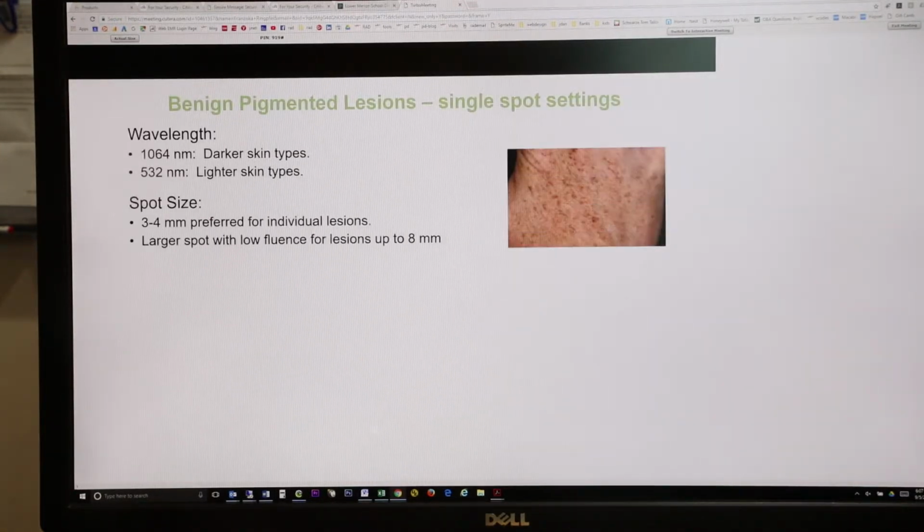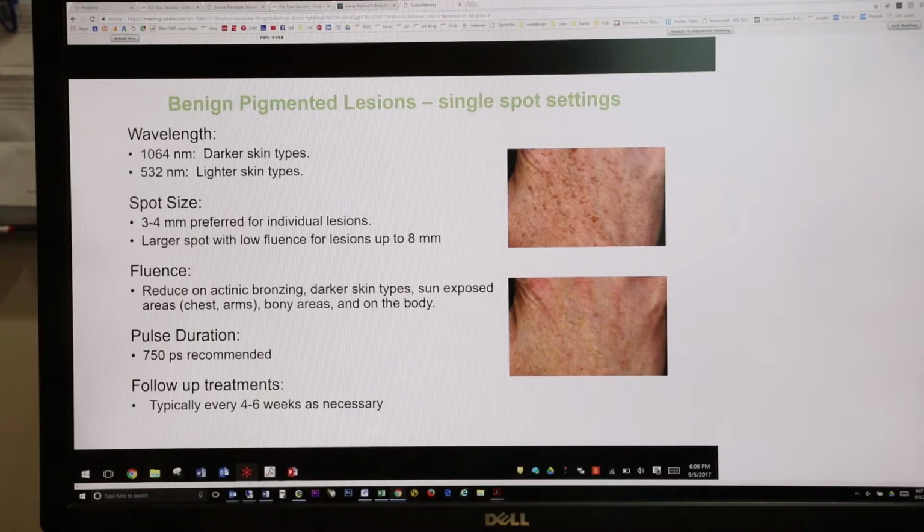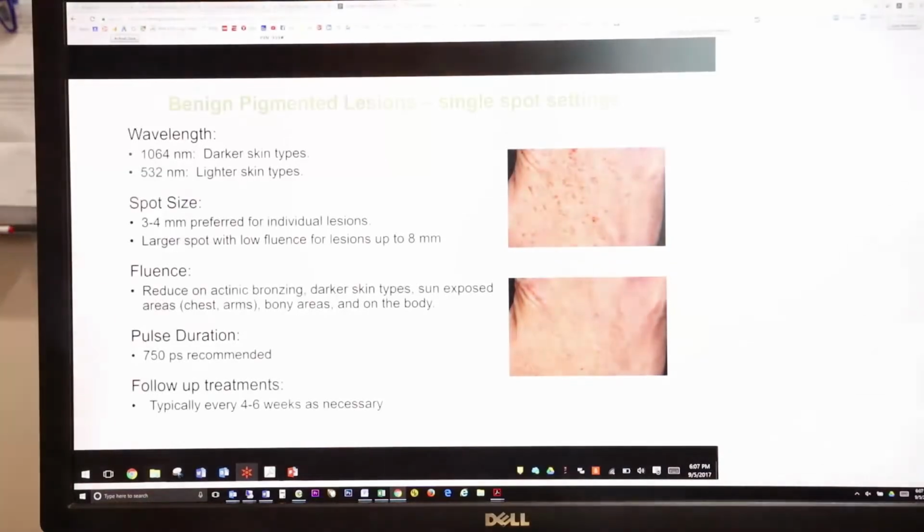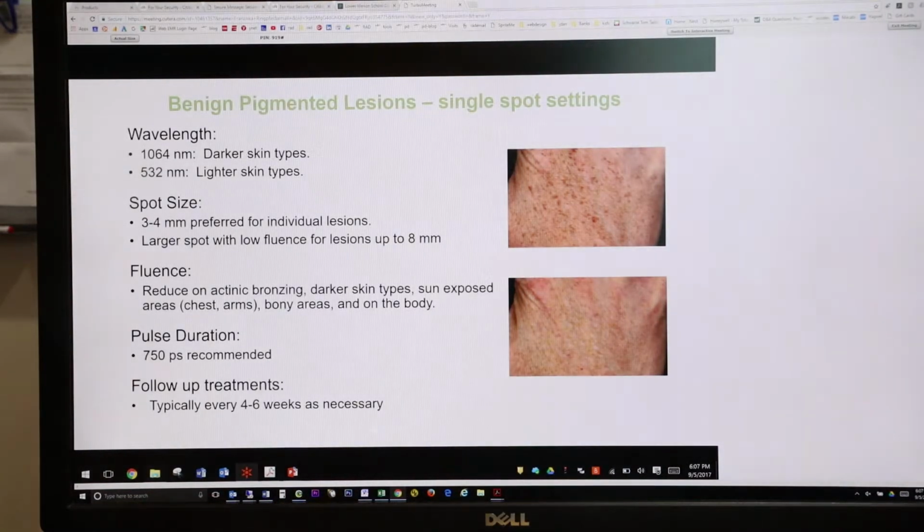If they feel that it's deeper, obviously they're going to choose a bigger spot size so that they can get really deep into the lesion. You can start by doing maybe a test spot at a smaller spot size to see. But if it looks very, very deep, then that's why they choose the 8 millimeter.